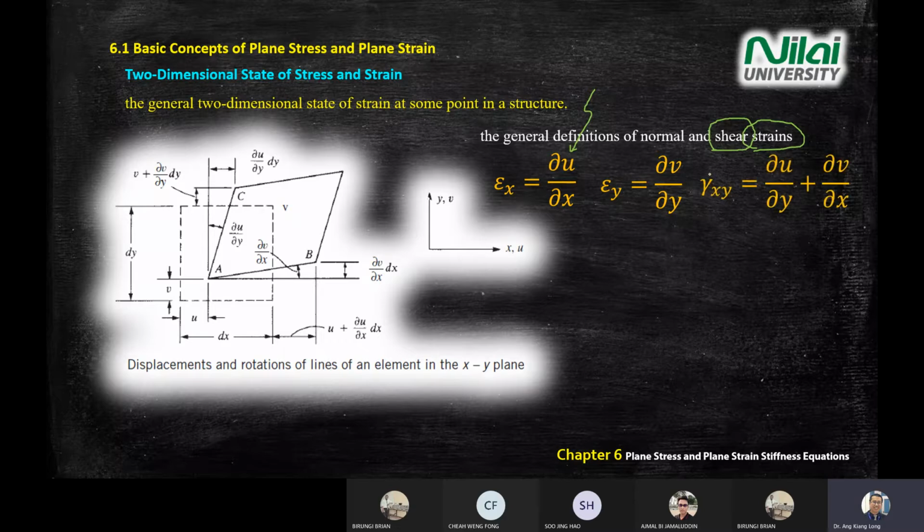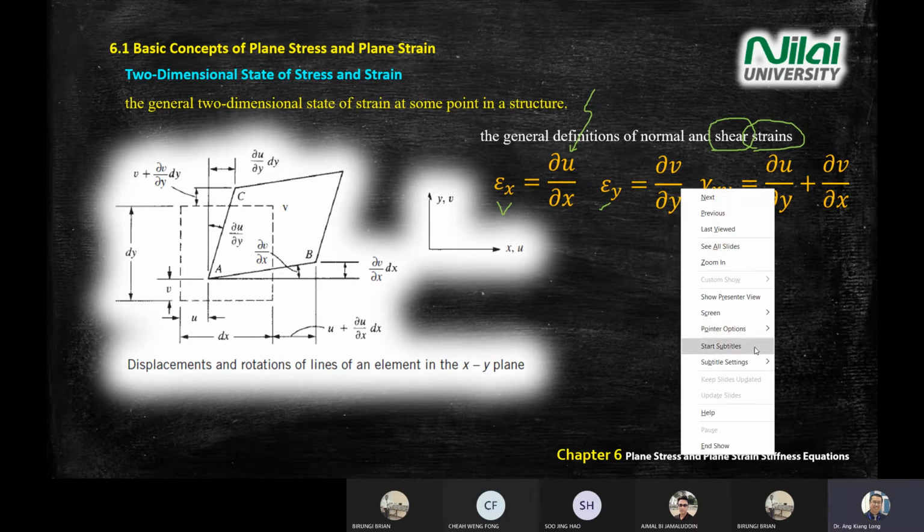And the shear strain is du over dy plus dv over dx. Okay, by looking at this diagram on the left hand side, you can write the fundamental equation for what is shear strain. Okay.